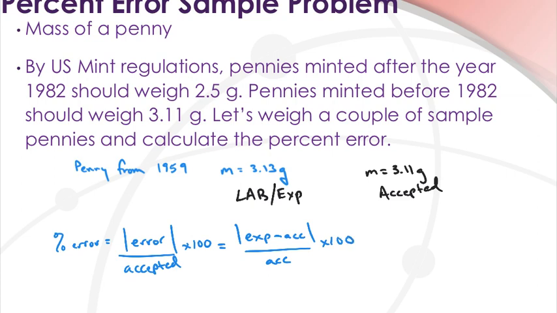And for this situation, my experimental value is what I measured in lab, which was 3.13 grams, minus the accepted value of 3.11 grams, absolute value bars, divided by the accepted value, 3.11 grams, times 100, right?